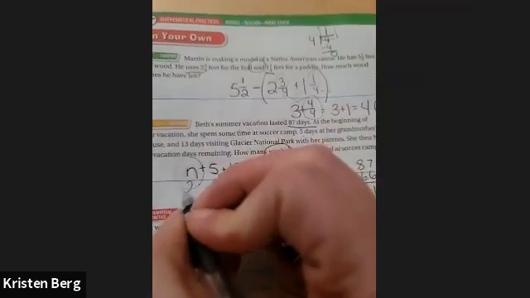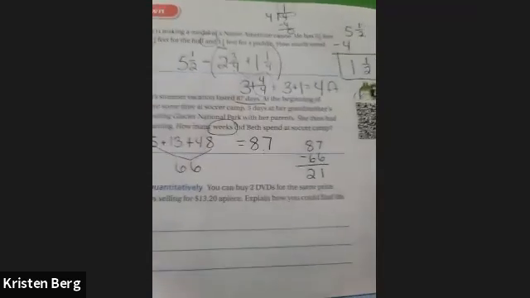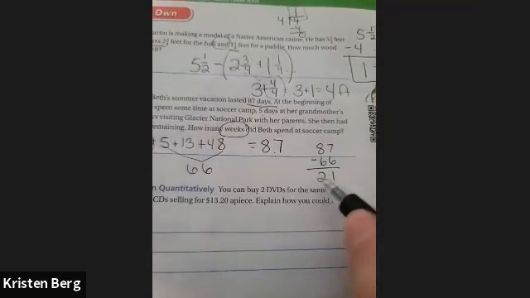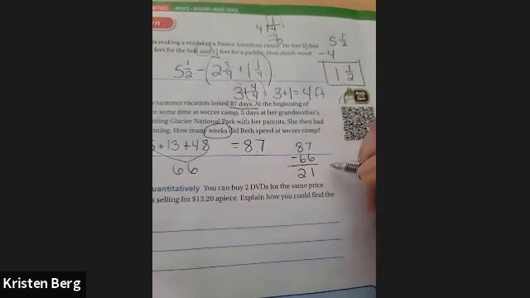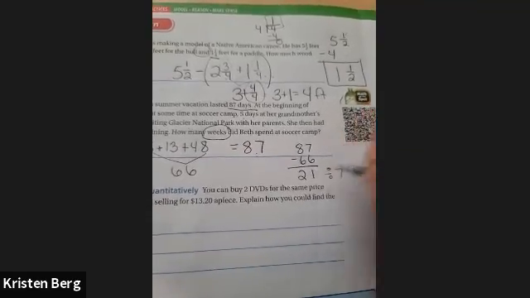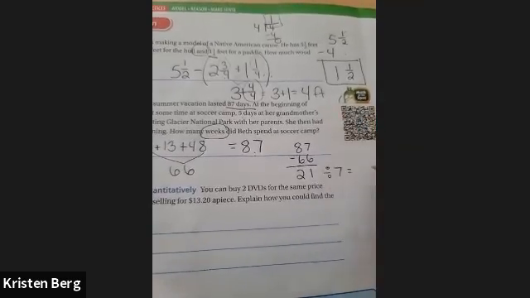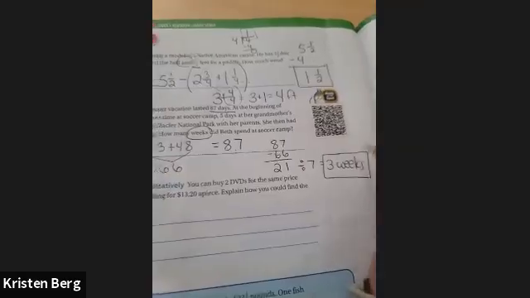We know that this is 21 days, but it said how many weeks. So now we've got to figure out how many days are in a week. There are 7 days in a week. So we're going to divide this by 7 to figure out how many weeks that is. So how many 7s go into 21? That would be 3. So therefore, your answer is 3 weeks.